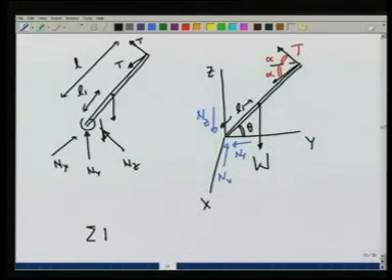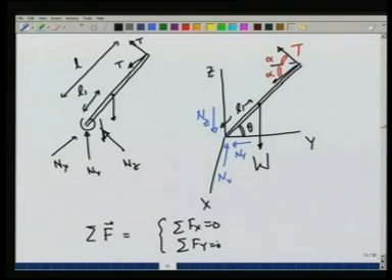So, let us now consider the equations for equilibrium. Summation over F gives summation Fx is equal to 0, summation Fy is equal to 0 and summation Fz is equal to 0. Let us consider forces in all 3 directions.